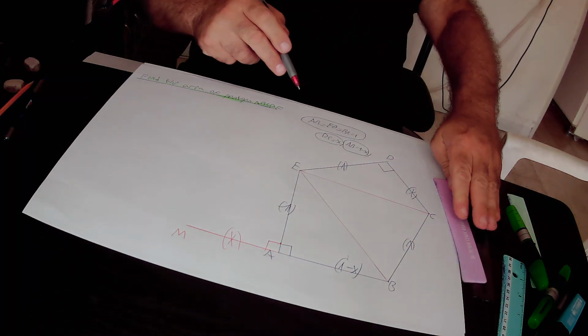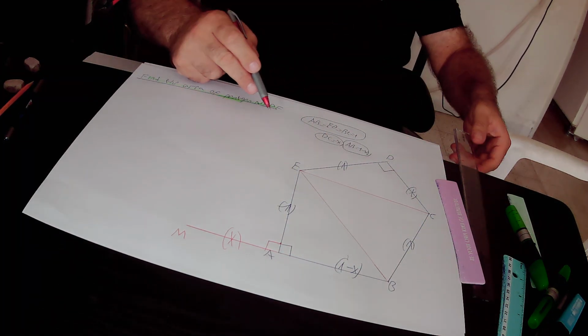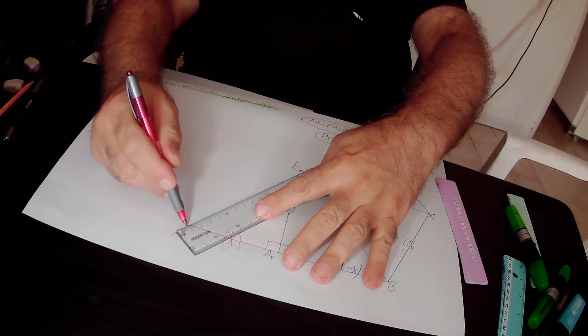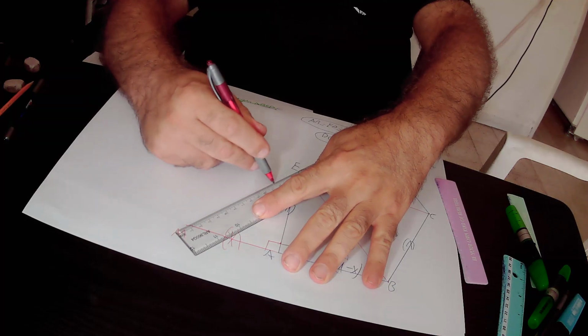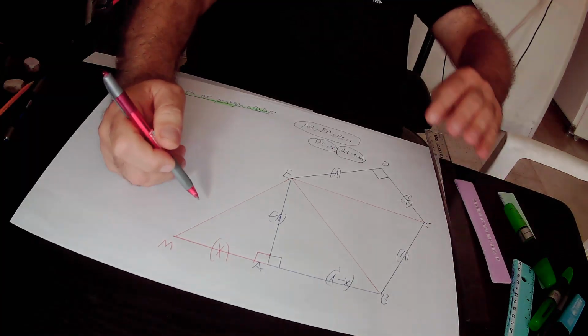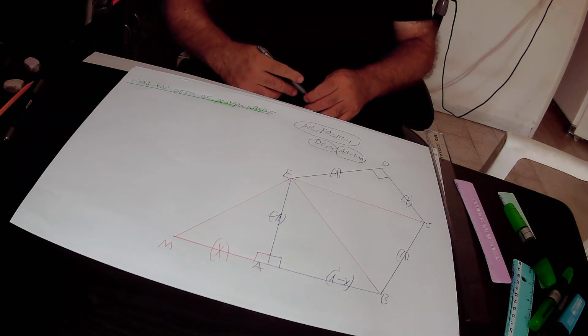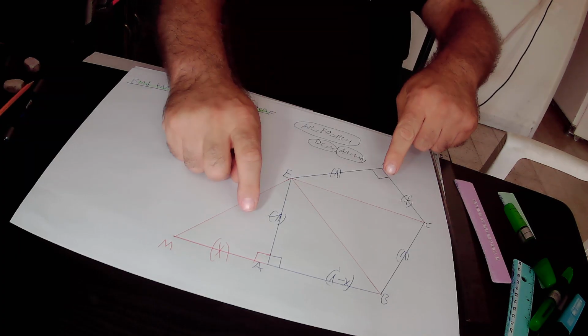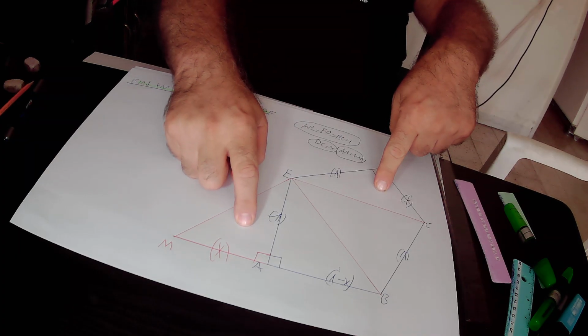In the next step, we join points E and M together by a straight line. And we will prove that those two right triangles are congruent to each other according to the side-angle-side rule.